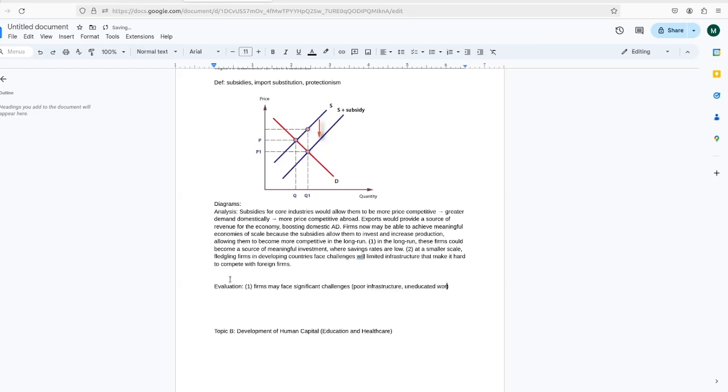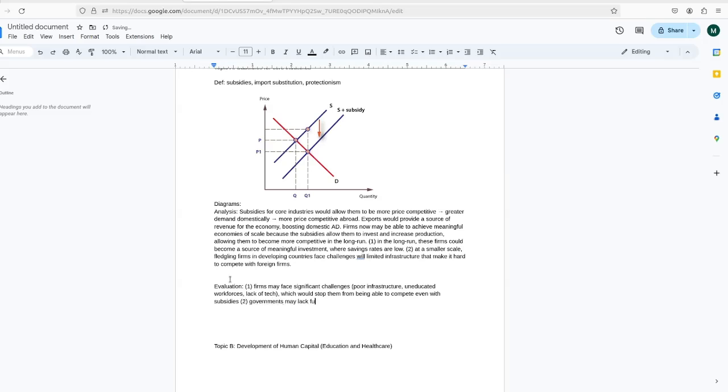poor infrastructure, uneducated workforces, lack of tech, all of which would stop them from being able to compete even with subsidies.